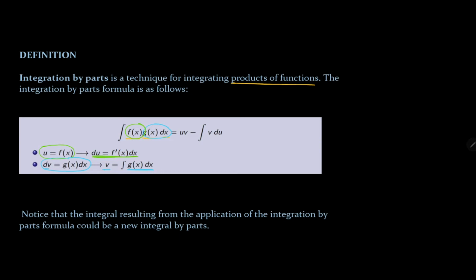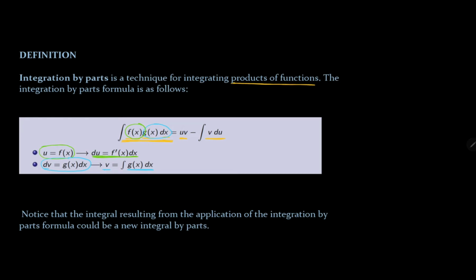Once we've got these two blocks and their corresponding derivative or integral, the formula states that the original integral of the two functions f times g is equal to u times v minus the integral of v times du.